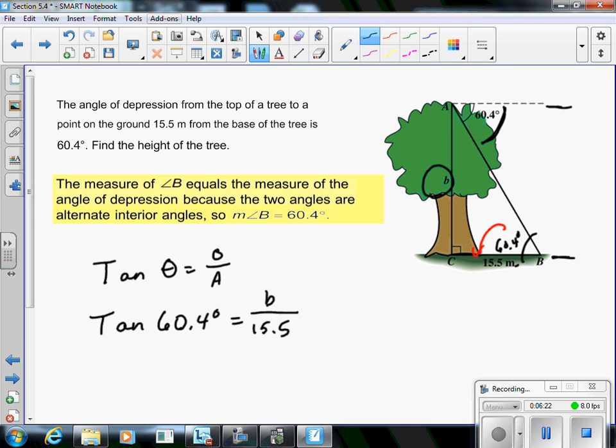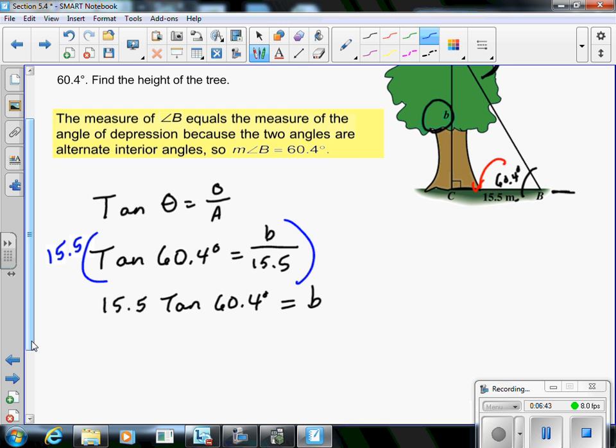I now know that 15.5 times the tangent of 60.4 degrees is equal to b, because I multiplied the entire equation by 15.5 to rid myself of the fraction and solve for b. Once I run that through the calculator, I find b is approximately 27.3 meters. That means the tree is about 27.3 meters tall.